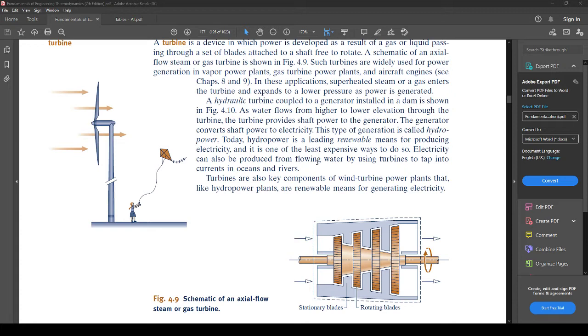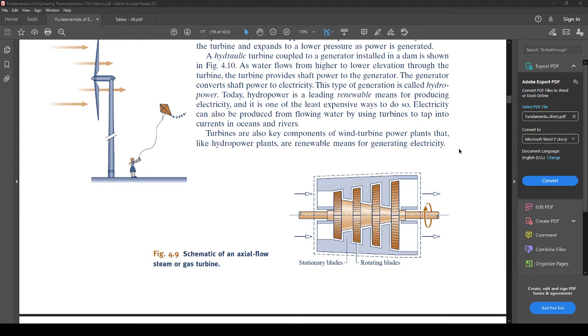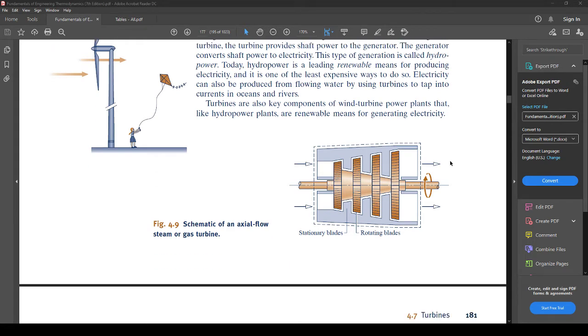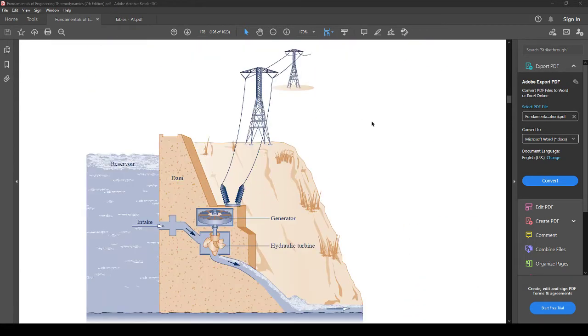There are a lot of different ways they do it, but the waves one is not as big. This stuff's really interesting. Whenever you get to Thermo 2, this stuff is amazing. I love this class.